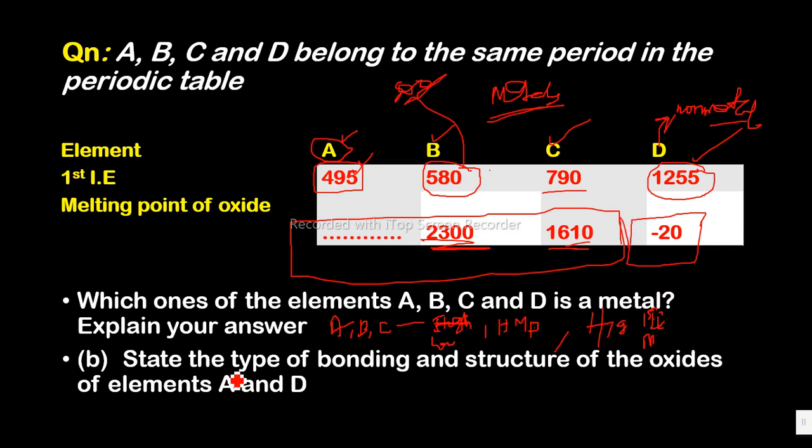And the question is, state the type of bonding and structure of the oxides of element A and D. I think it is ionic.